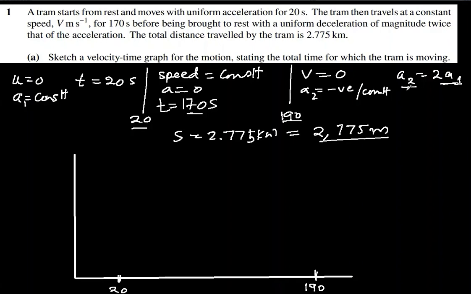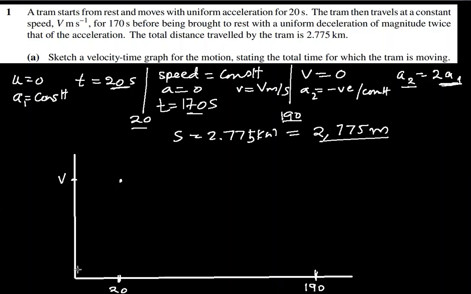Now A2 is twice A1, which means it will take half the time to come to 0. Time here is 20 seconds to reach a velocity v. We don't know v, so v meters per second is here. In 20 seconds it reaches v.